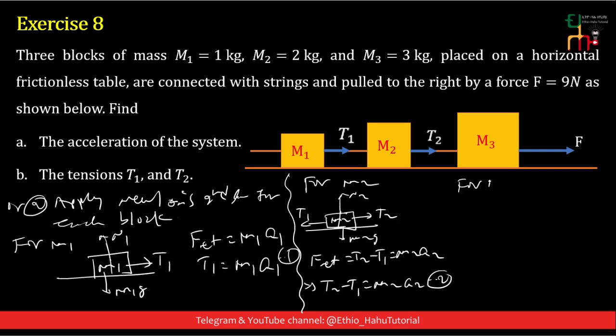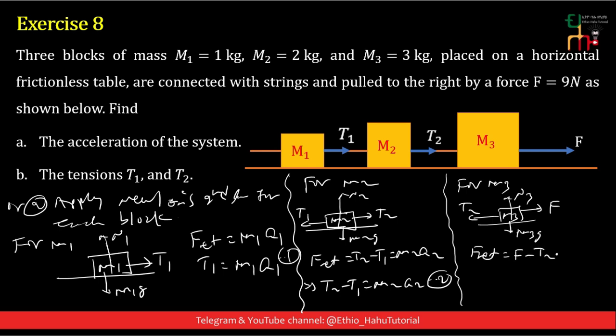For M3, on M3 we have F and T2 to the left. Normal force N3 is upward, M3G is downward. The net force acting on M3 is F minus tension T2, equal to M3 times A3.